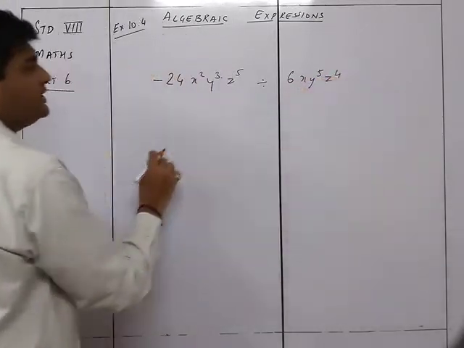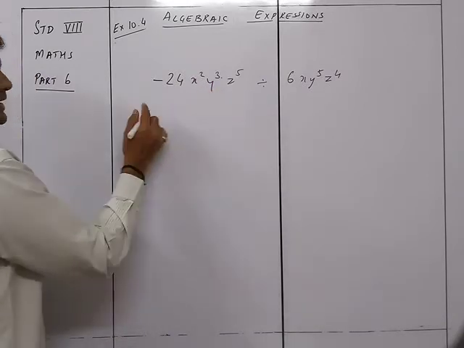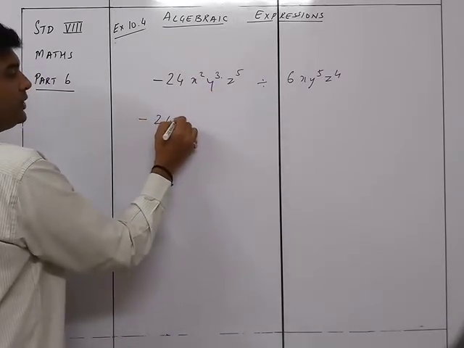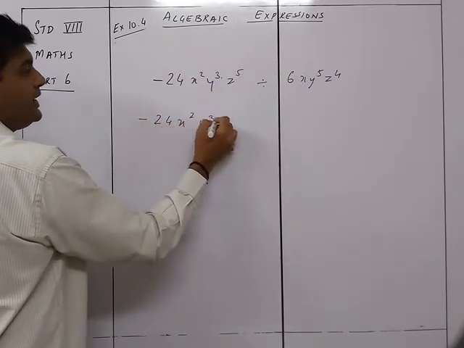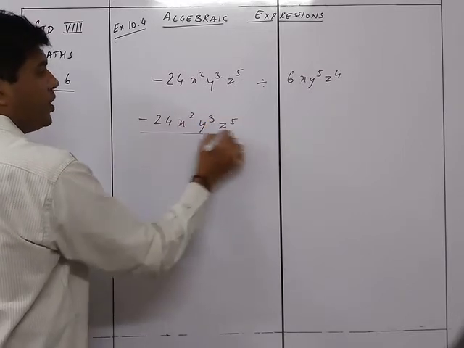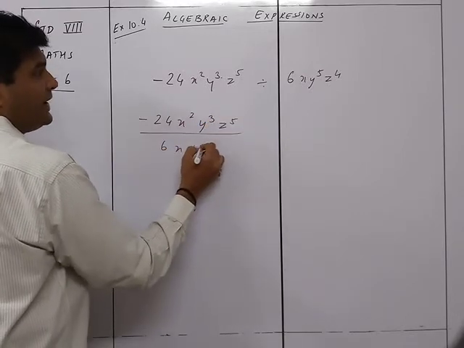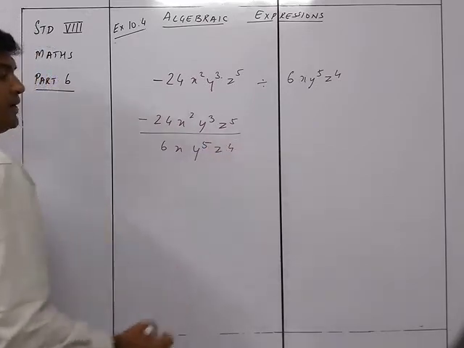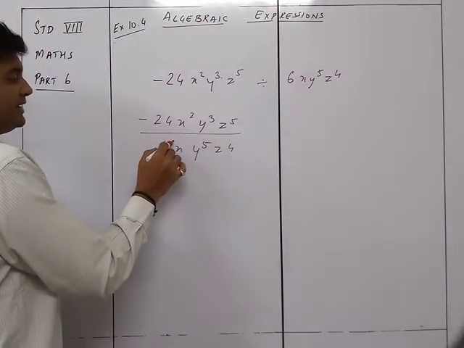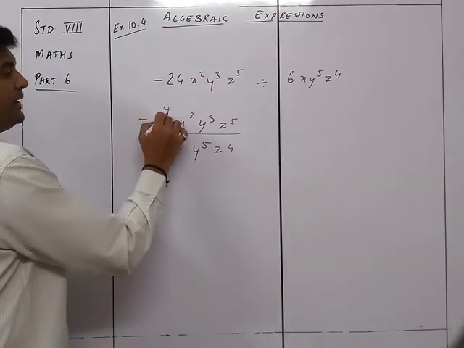If this is the condition, you are just going to write it in the form of division, that is 24 x raised to 2 y raised to 3 z raised to 5 upon 6x y raised to 5 z raised to 4. Now here you do the cancellation, 6 goes here, this goes, 4 is obtained, right?